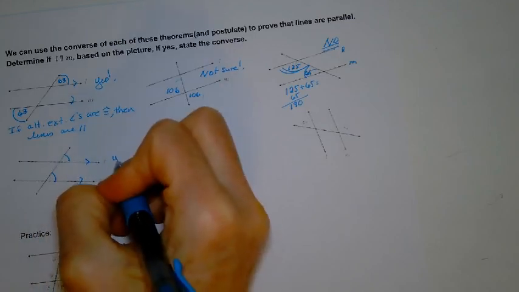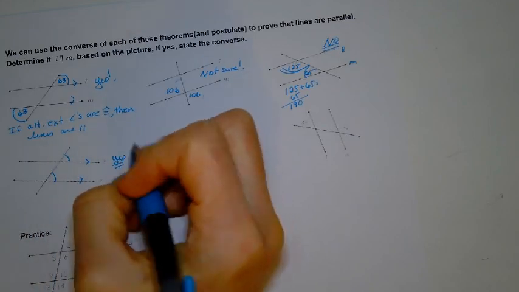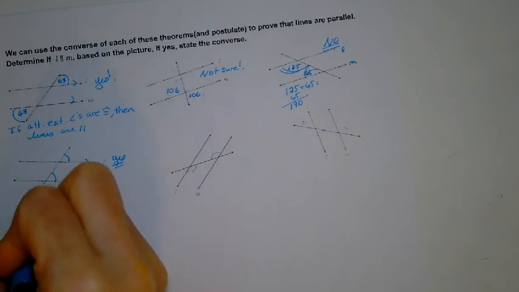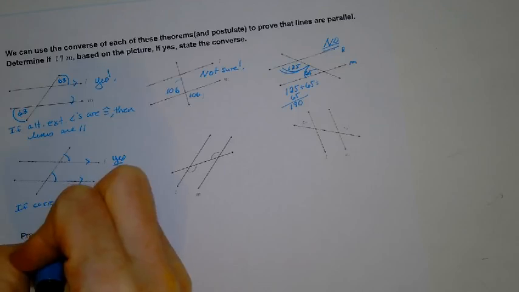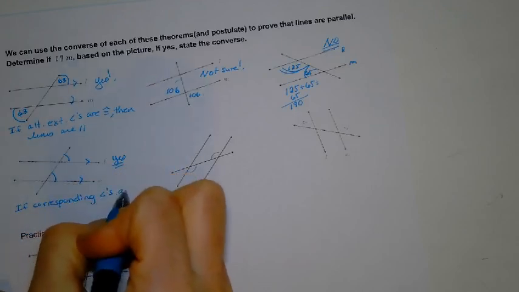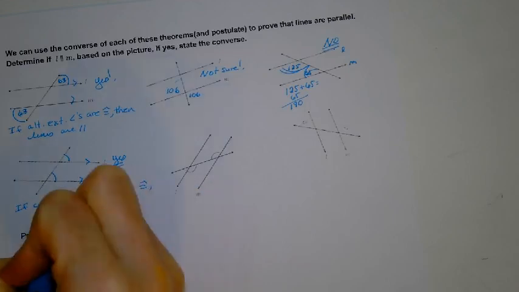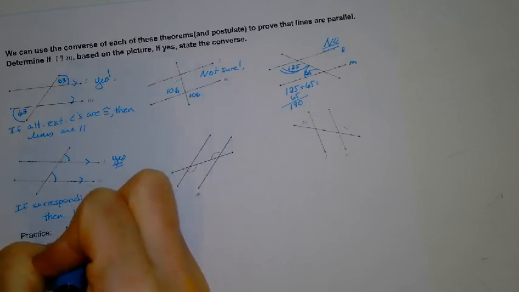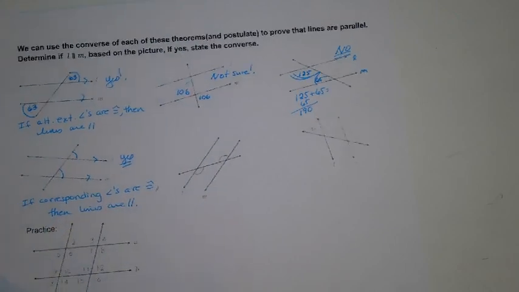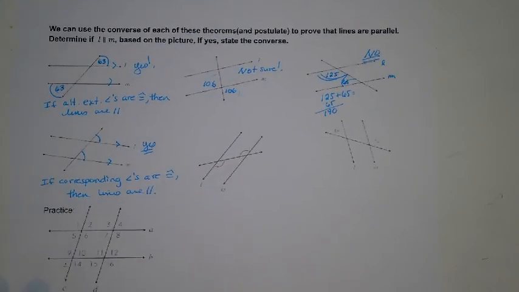And the converse is, if corresponding angles are congruent, then lines are parallel. Looking at your notes will help you with this, unless you can remember them.